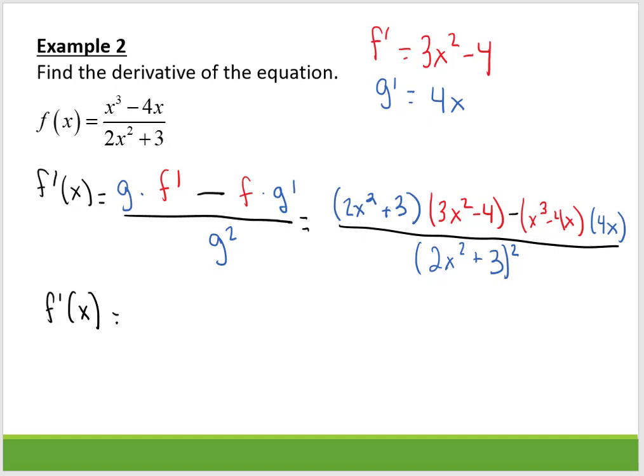When I went through and I simplified at the top, I got this, all over the bottom. Again, don't worry about simplifying the bottom. And quite honestly, I wouldn't even worry about trying to factor that top. Okay. Typically, things are not going to cancel, so you can leave the top unfactored.